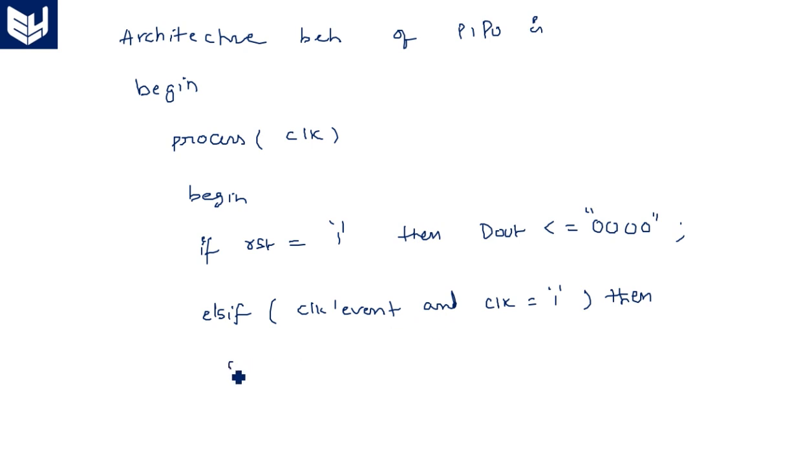Then D out is equal to D in. Whenever the rising edge of the clock occurs, whatever data is available at the input side, the same data moves parallelly to the output, because D in goes to D out.